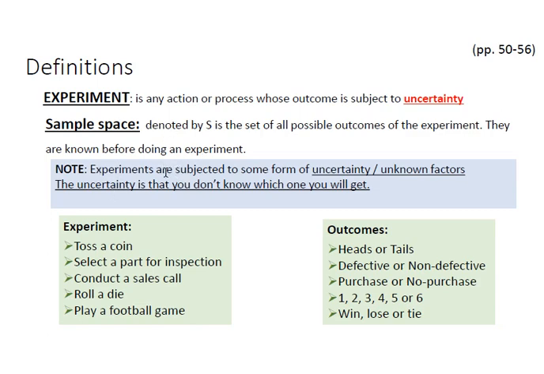So experiments are subject to some form of uncertainty or unknown factors. The uncertainty is that you don't know which one you will get. If you toss a coin, you don't know whether heads or tails will happen.